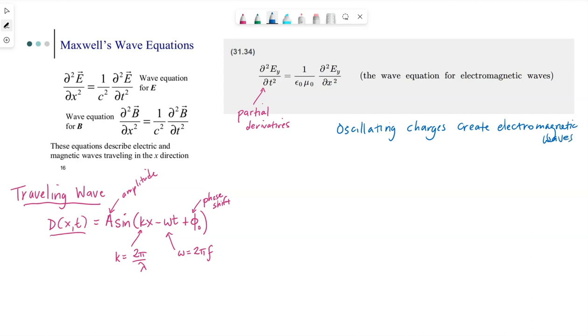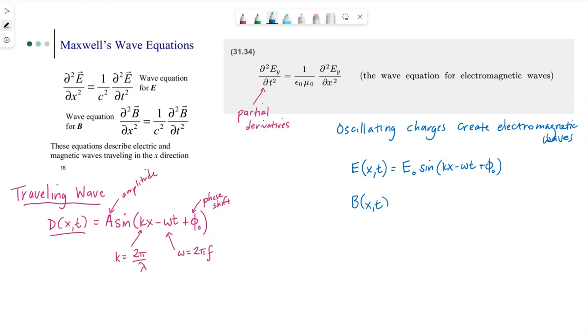Now, I don't in any way expect you to know the solution to these differential equations, but these functions look just like the traveling wave functions. That means an electromagnetic wave will have a portion that is an electric field and a portion that is a magnetic field.